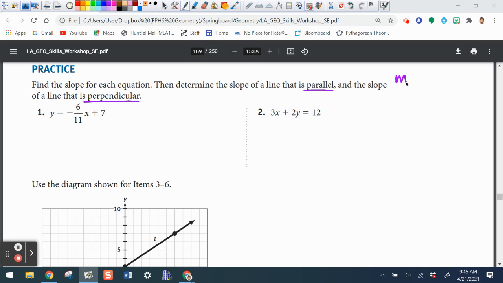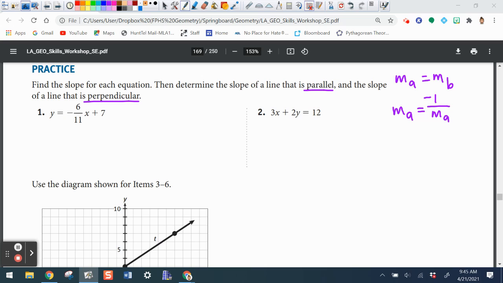So if the slope of line A and line B are parallel, the slope of A is going to be equal to the slope of line B. But if they're perpendicular, whatever the slope of line A is, the slope of line B will be the opposite reciprocal of that slope. So it'd actually be negative 1 over m, where m is the slope of A. And we'll explore that a little bit further here in these examples.